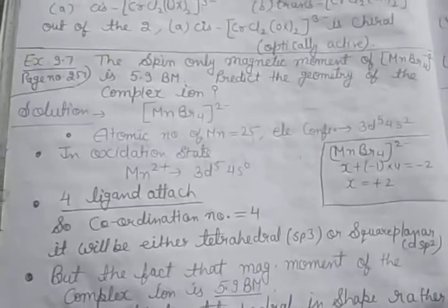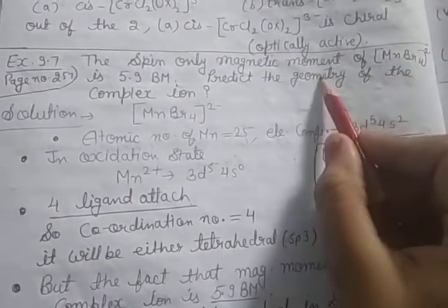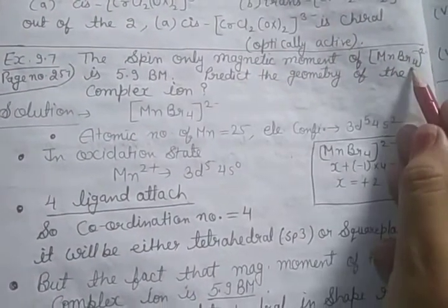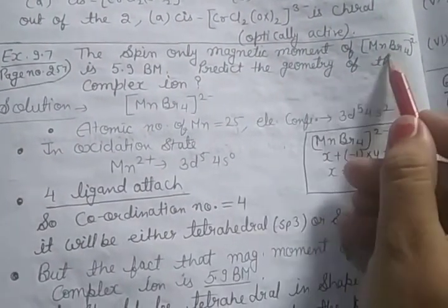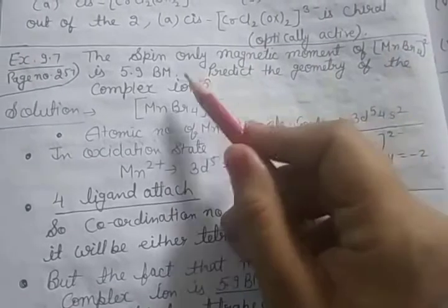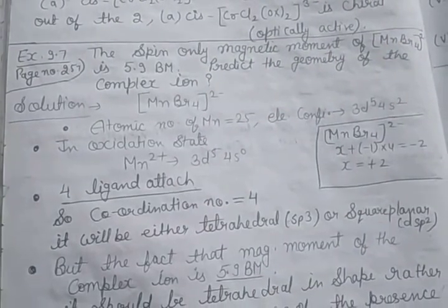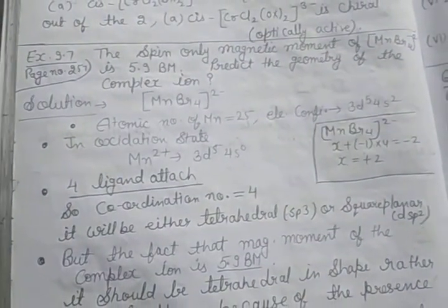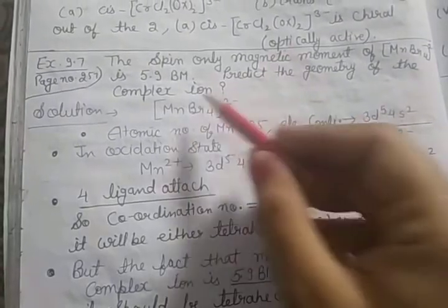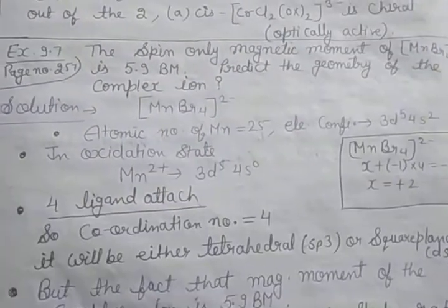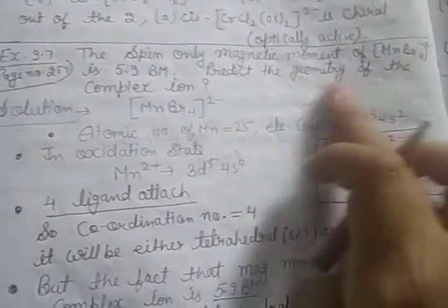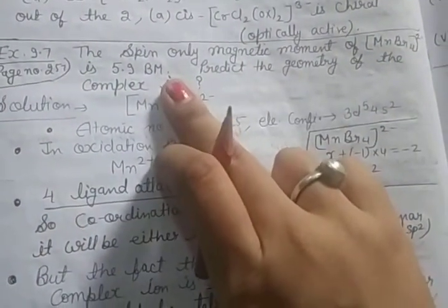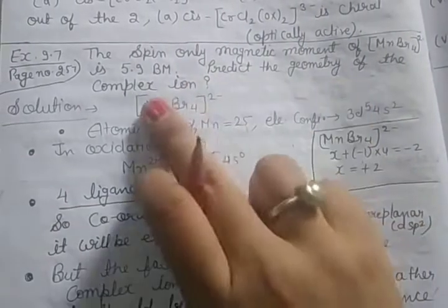Next question is, the spin only magnetic moment of [MnBr4]2- is 5.9 BM; predict the geometry of the complex ion.